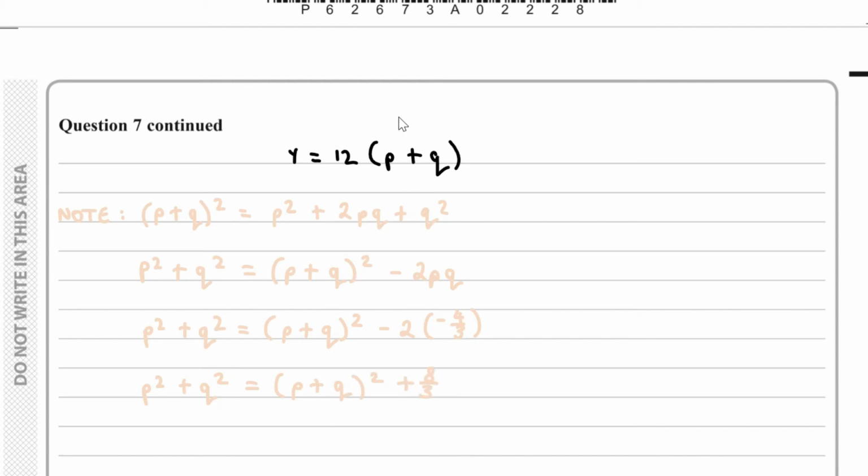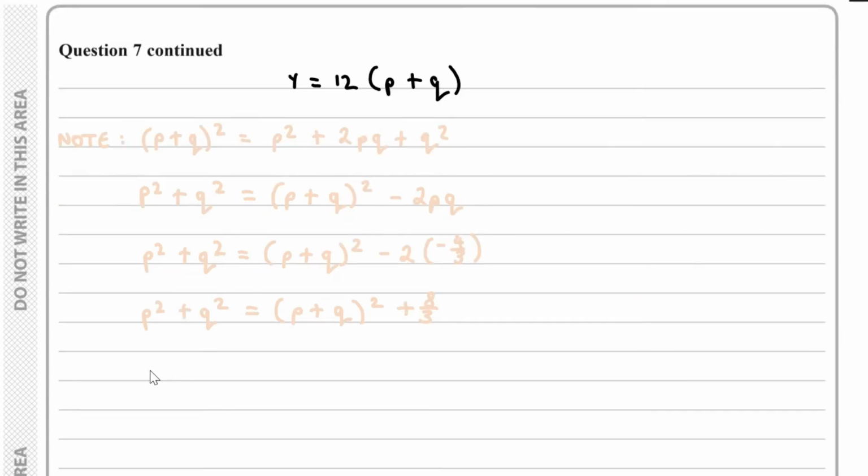And from here, we can actually find out what p + q is. So, if we rearrange that, as p + q is equal to y over 12, what we'd therefore have is p² + q² equaling (y/12)² + 8/3.